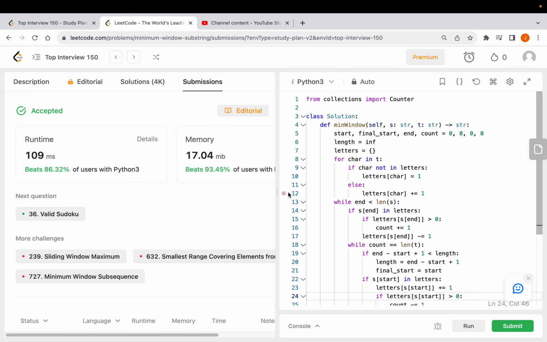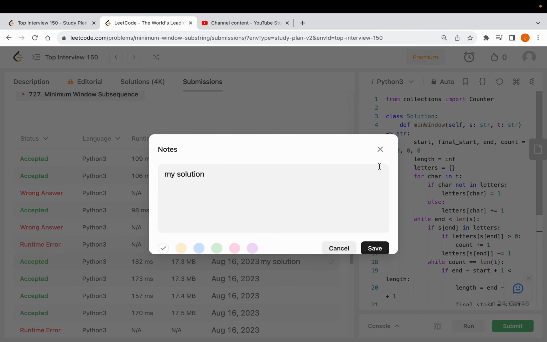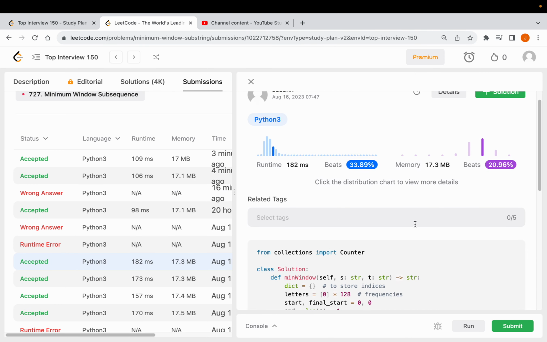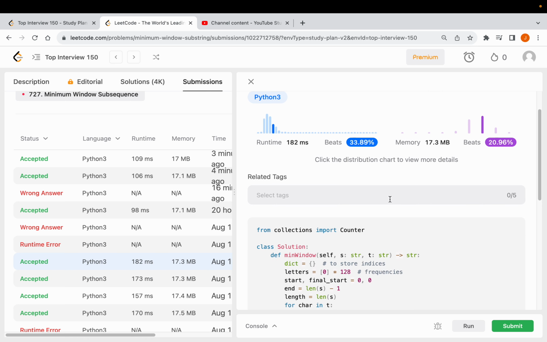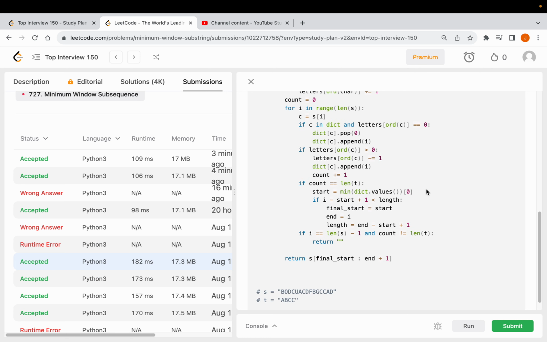So I had my solution that was this one. It works, but it does not give the best runtime. The idea of my solution is more intuitive, and then I spent a lot of time trying to understand the optimal solution.